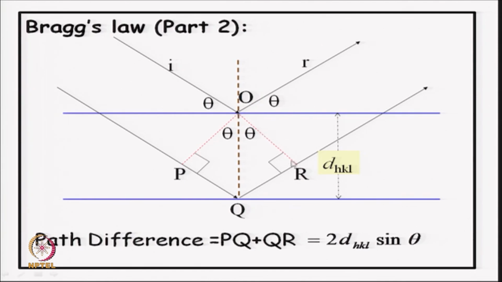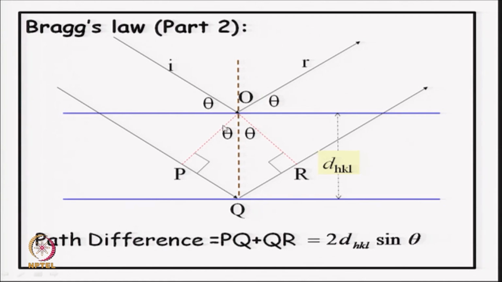Similarly, after OR again they are travelling equal distance. So, the extra distance which the bottom beam goes through is the distance PQR. So, if we find this distance PQ plus QR, that will be the path difference, that is the extra path length which the second beam has to travel.